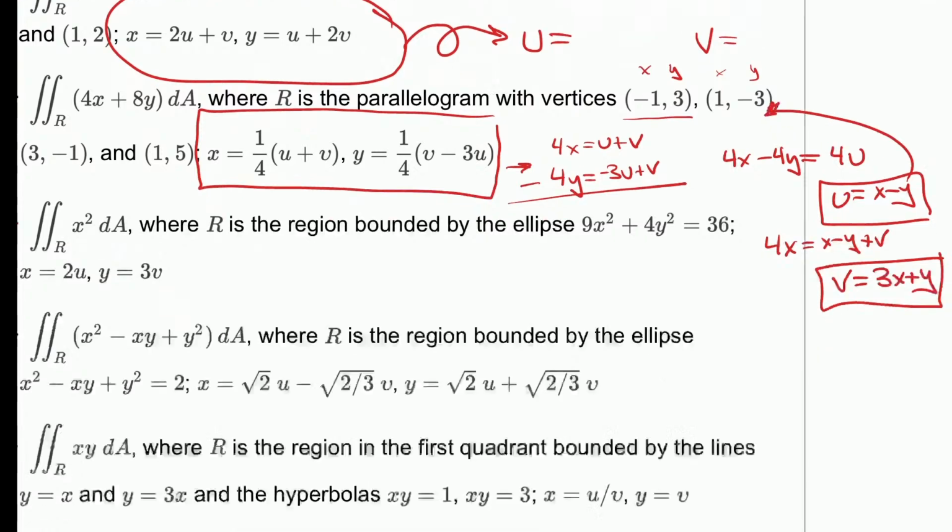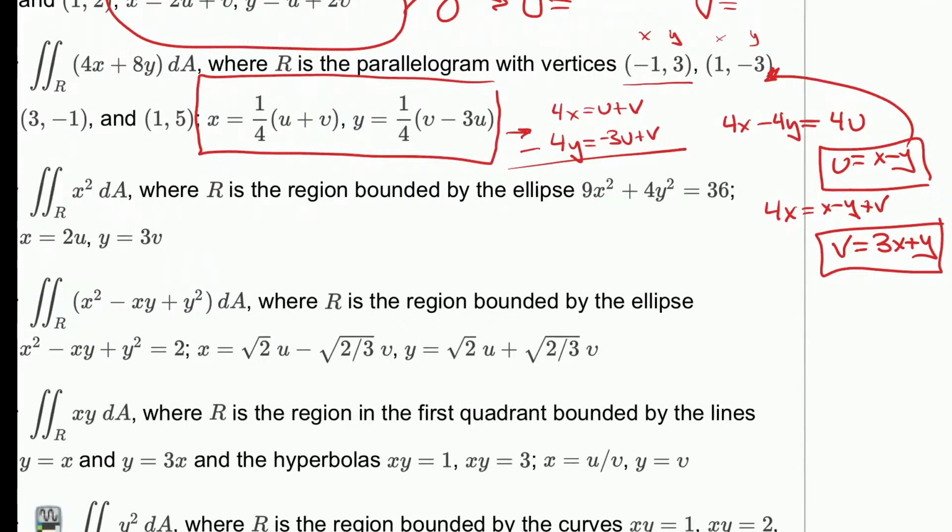For example, the negative 1, 3, when I plug it in here, u is equal to negative 1 minus 3, which is negative 4, and v is equal to 3 times negative 1 plus 3, which is 0. So in the UV plane, you have negative 4, 0. That's this point right here.